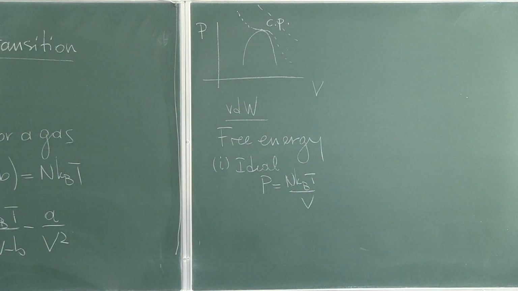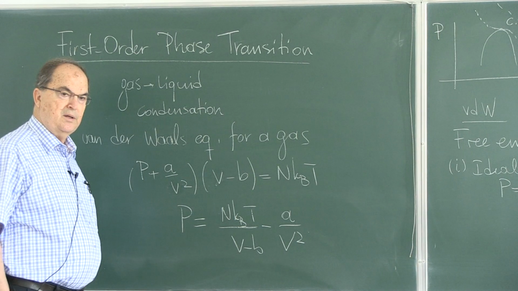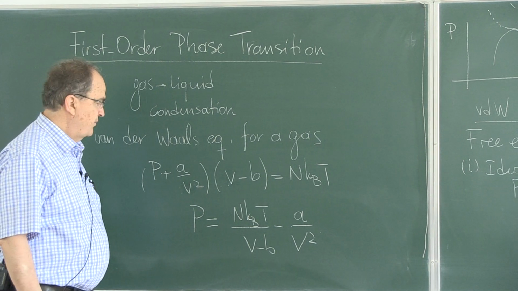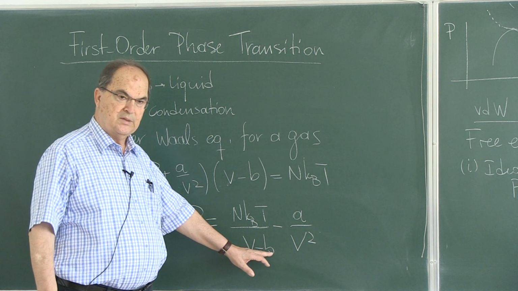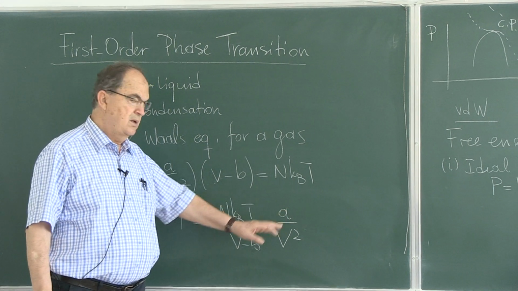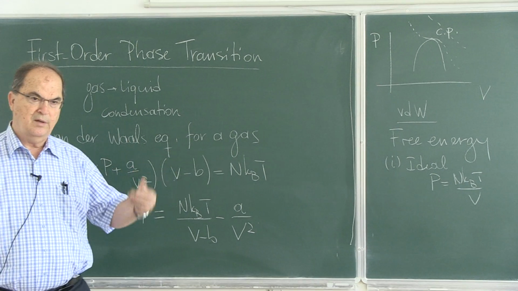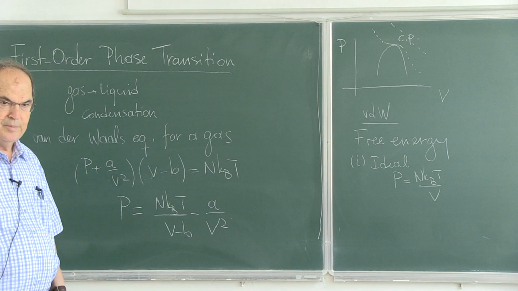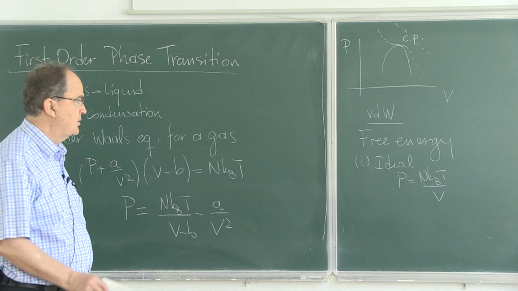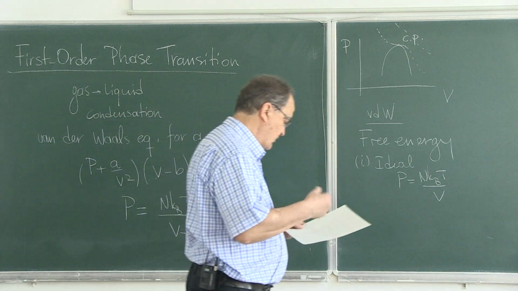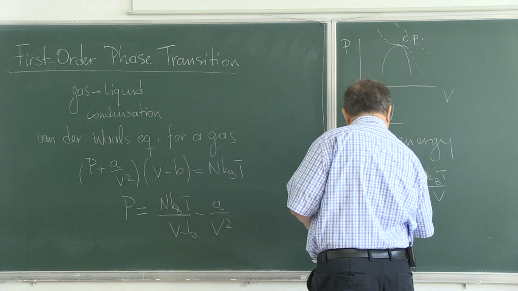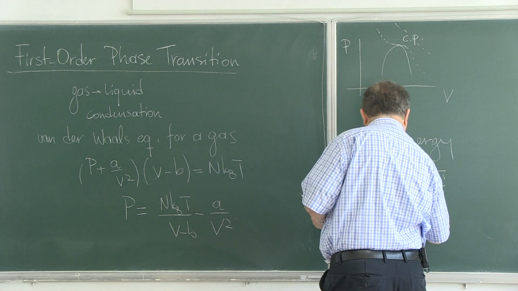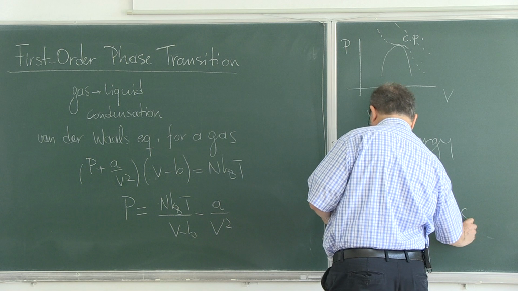And this a and b terms are defining the effect of interaction between particles: b is the repulsive part, a is describing the effect of the attractive part of the interaction potential. The free energy, Helmholtz free energy, is U minus TS.